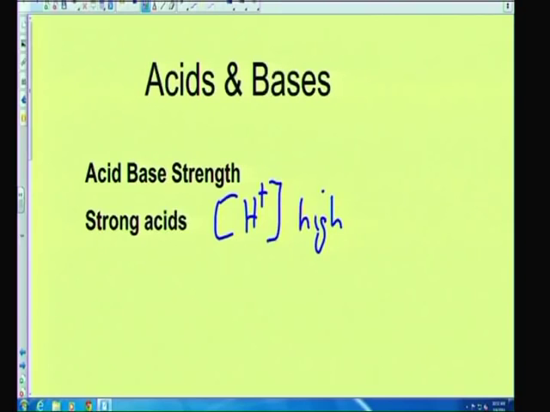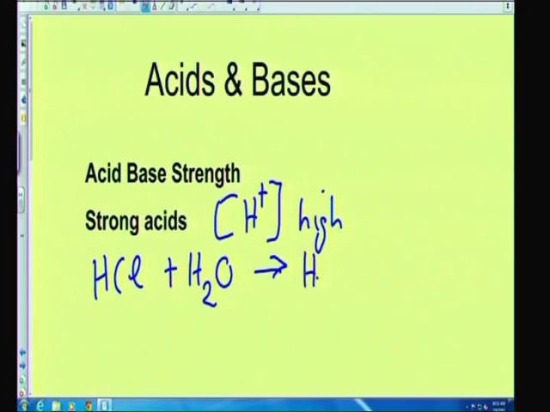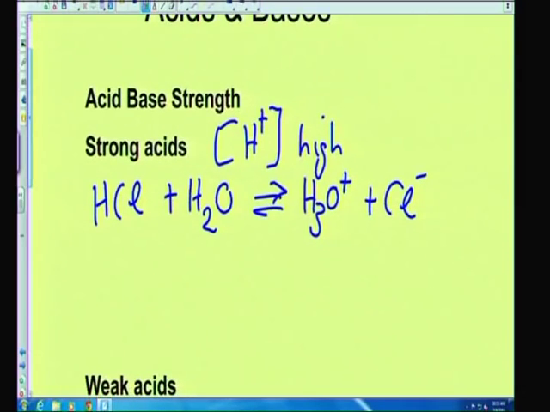Like in the one that I showed you earlier, HCl plus H2O gives you H3O plus Cl minus. It is a reversible reaction, but what we're recognizing here is that this equilibrium is shifted in such a way that it is mainly favoring the right, that this is very high.